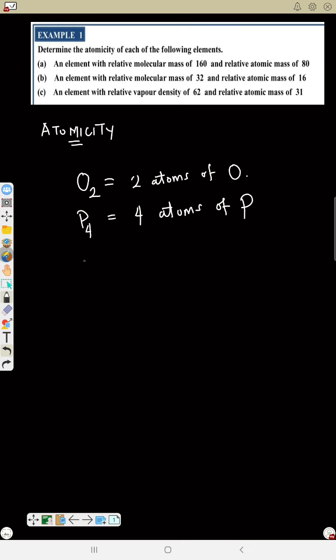If I have Cl, Cl is what? Chlorine. Now, how many atoms do I have here? There is no number, but there is one. That is subscript 1, but the subscript 1 will not show. That means this is one atom of chlorine.